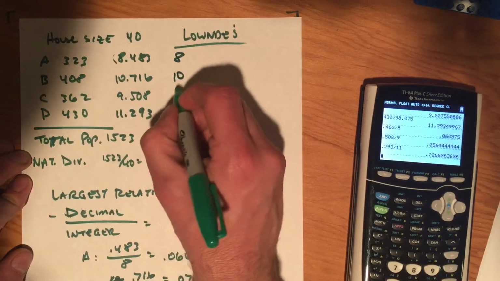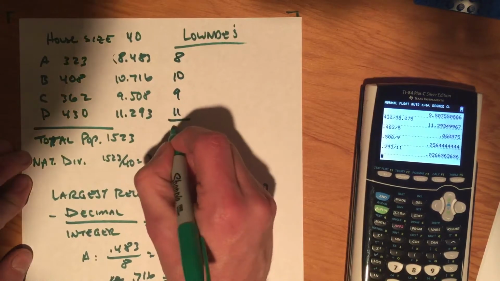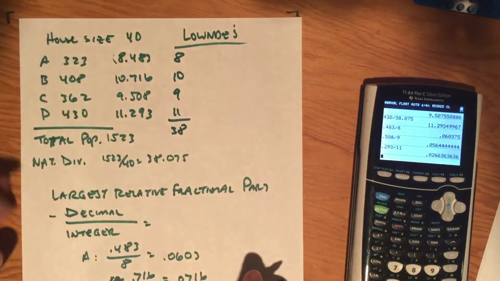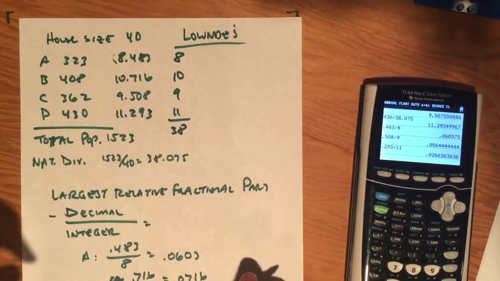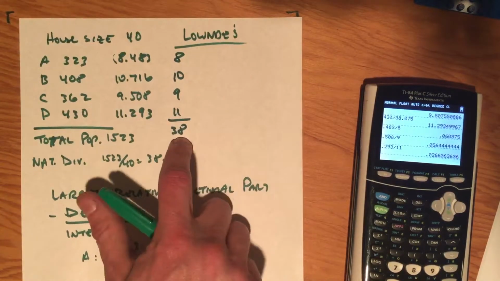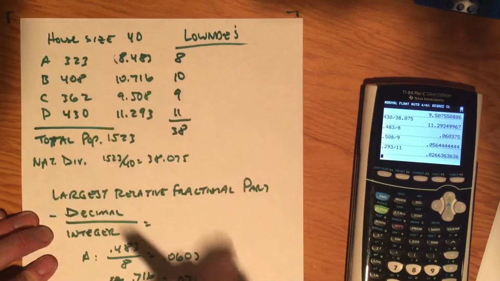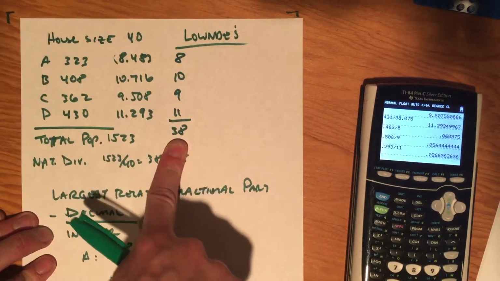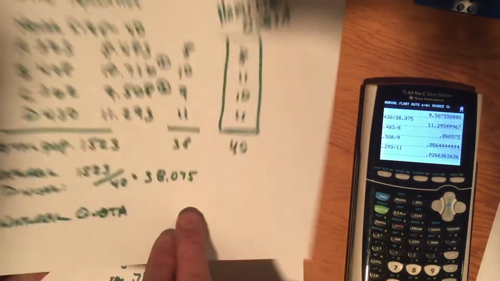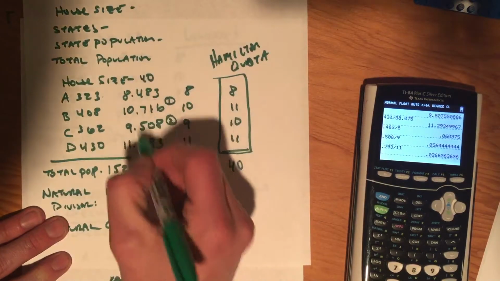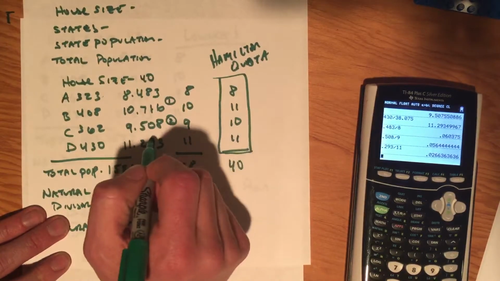Before, we took all of our natural quotas and immediately rounded them down. So 8, 10, 9, 11, we have 38. The whole idea behind quota methods of apportionment is how do we take this 38, we need 40, and decide to whom we assign the additional 2 seats? With Hamilton's method, we just go for the largest decimals. Nice and easy.